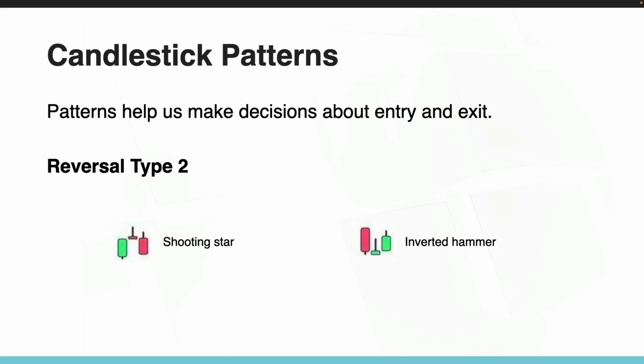And then we have reversal type number 2. Now we have the shooting star and inverted hammer. So the shooting star is a bearish reversal pattern that appears at the end of an uptrend.